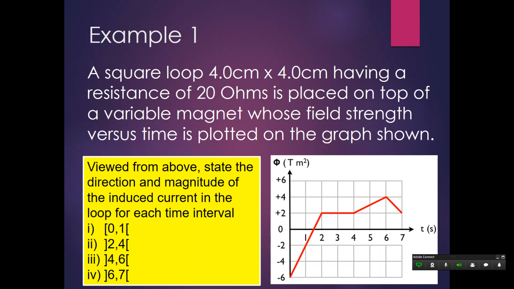If B induced is downward, which direction does the current need to go to induce the magnetic field downward? Looking at it from the top, you would use your thumb going down and loop around. Clockwise, exactly. So the answer here would be clockwise.